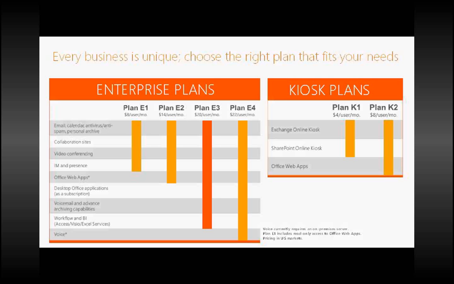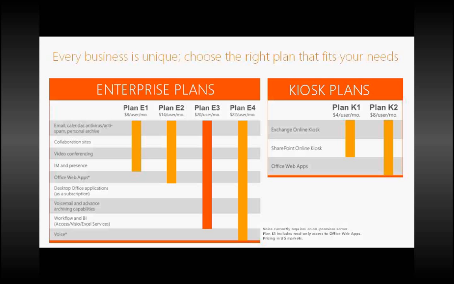As you can see here, these are the plans. There's enterprise plans and kiosk plans, as well as a small business plan. The enterprise ranges from $8 to $22 per user. The difference between the E1 and the E2 plan is Office Web Apps, so being able to edit a document in SharePoint Online.